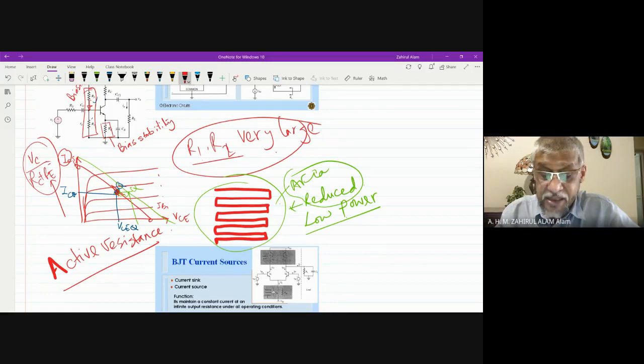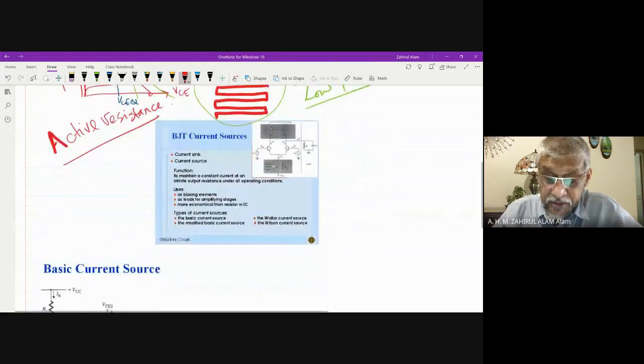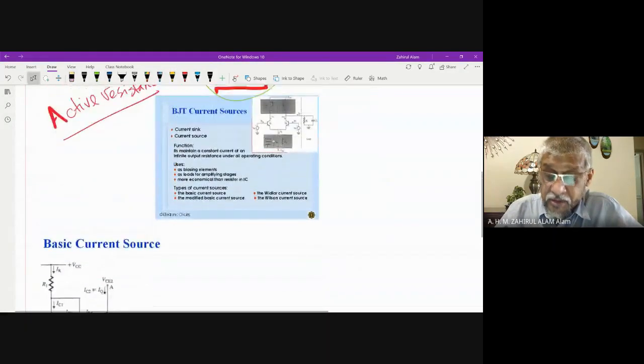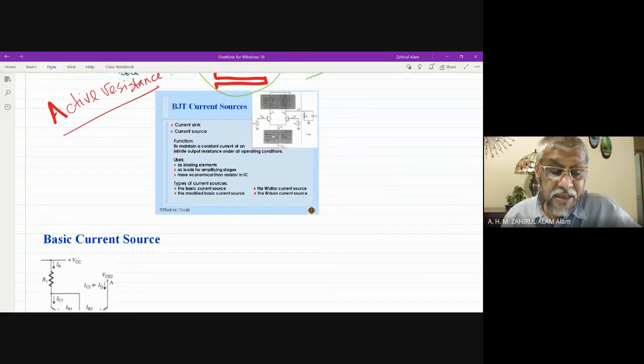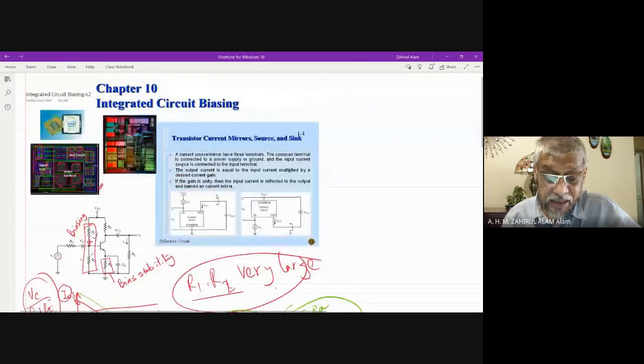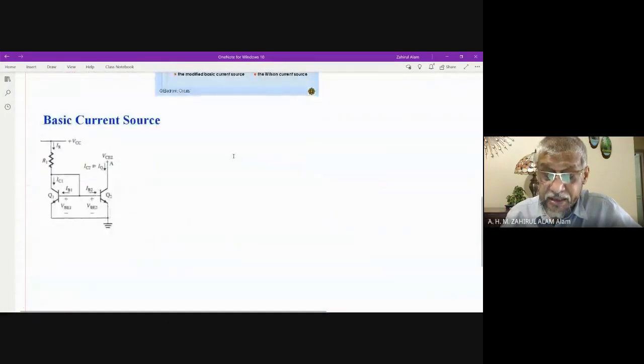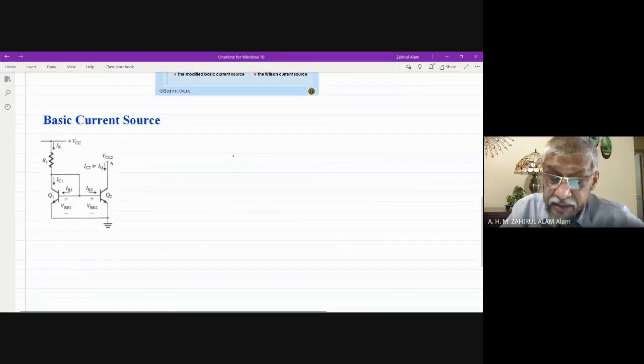And also, as I mentioned, we need this biasing current, ICQ, which is basically what we need. Now, if we need ICQ, then instead of this R1, R2, and RE, we can easily apply a current source.